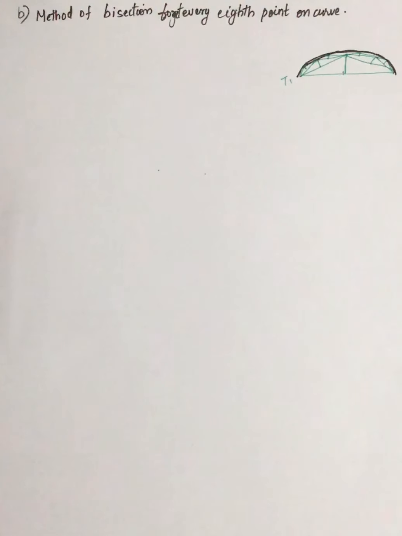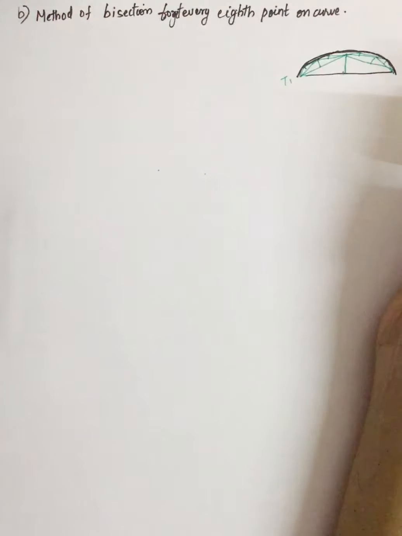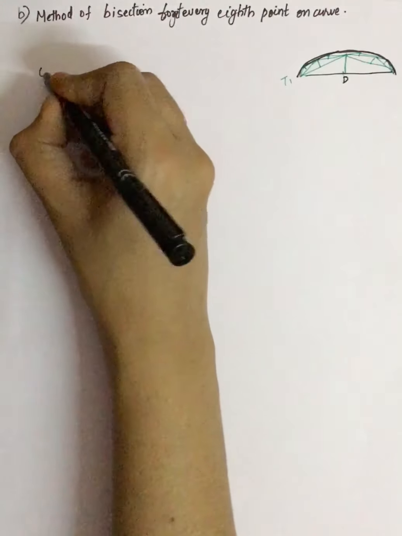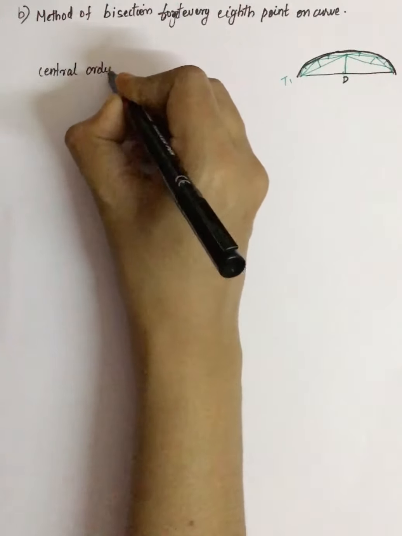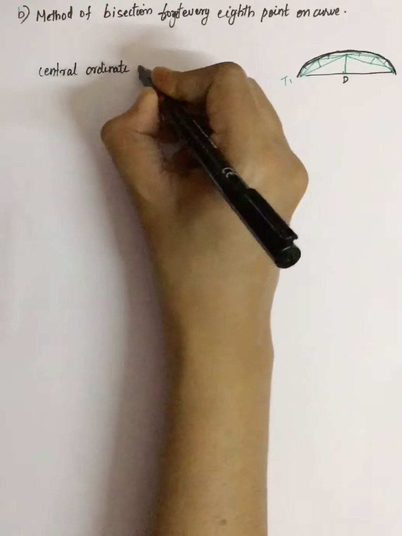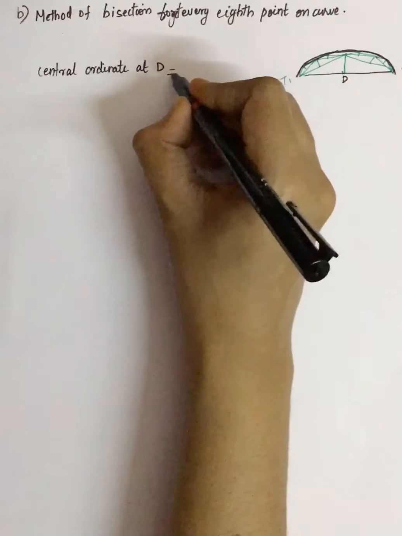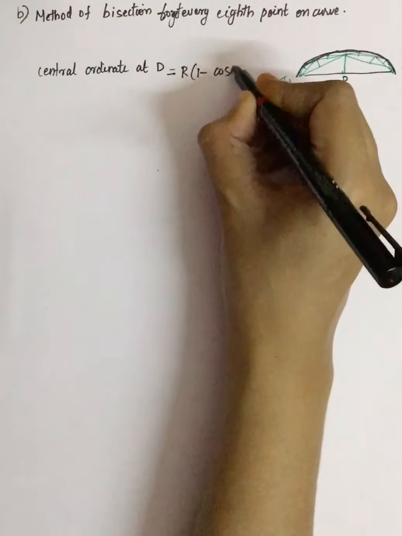So the very first step is to calculate the mid ordinate of the long chord. Okay, so that mid ordinate or central ordinate at D is calculated from the equation R into 1 minus cos delta by 2.